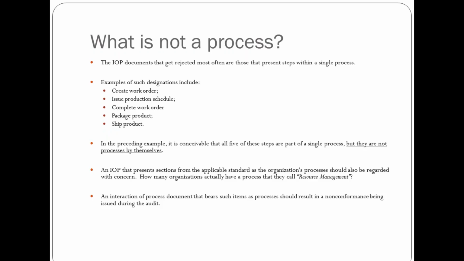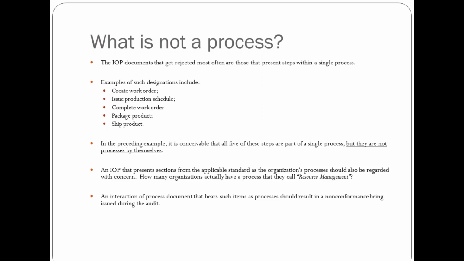Well, if we're given an IOP that has these steps: create work order, issue production schedule, complete work order, package product, ship product, it's conceivable that all 5 of these are part of a single process, but it's not conceivable that these are individual processes by themselves. That's going to raise concerns for us.